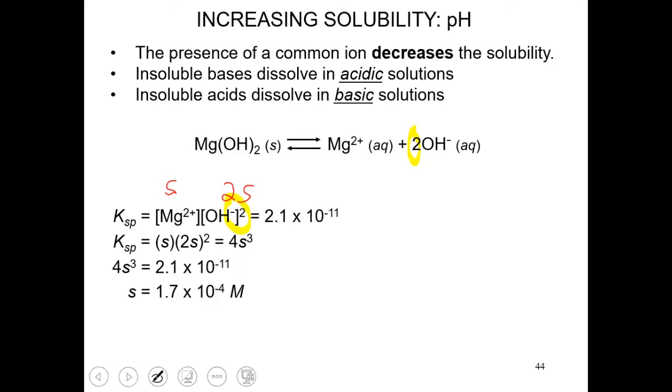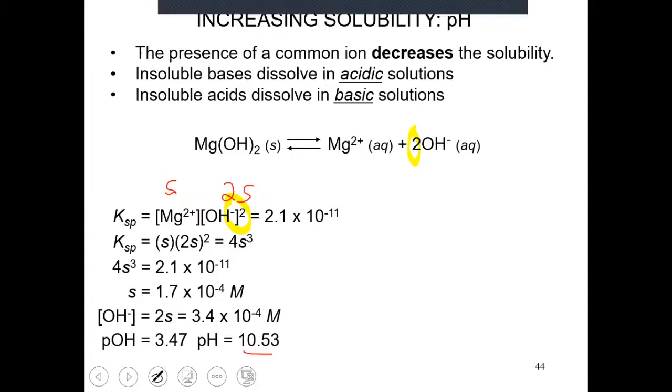If I wanted to calculate molarities, that'd be fine. I can say, well, the OH concentration would be 2 times the molarity here, and that would be 3.4 times 10 to the negative 4, which means that the pOH will be minus the logarithm of that, and therefore the pH will be 14 minus that, 10.53.